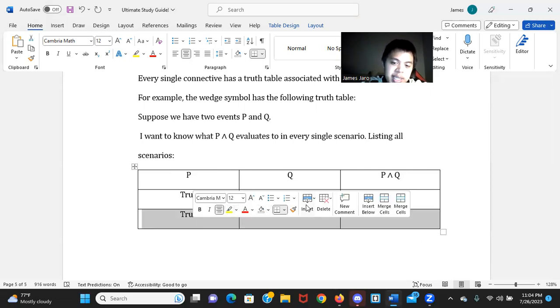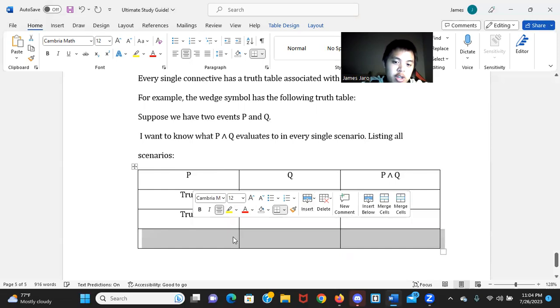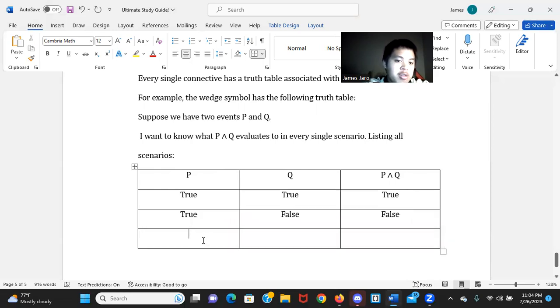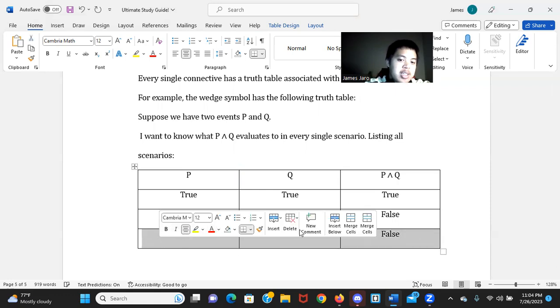And we just repeat this for all the possible combinations. You could say that P is false and Q is true. Since event P doesn't happen, then P and Q shouldn't happen either, because one of the events doesn't happen. So this is also false.